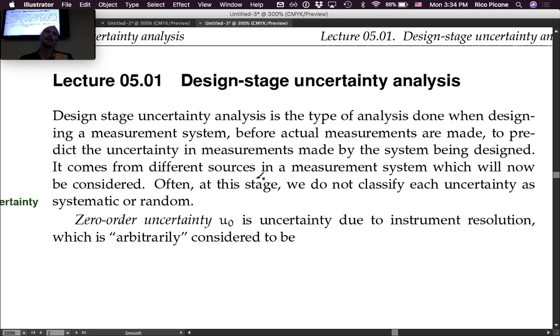Maybe we could use this sensor. Let's try to figure out how much uncertainty we might have in our measurement. But we haven't built one yet. We haven't tried to prototype it. We don't really know for sure what our uncertainty is in the measurement. We haven't actually measured anything with this system. So we're trying to estimate what it would be. So we're trying to design a good system, but we haven't been able to build a prototype yet and take any measurements with it. Okay.